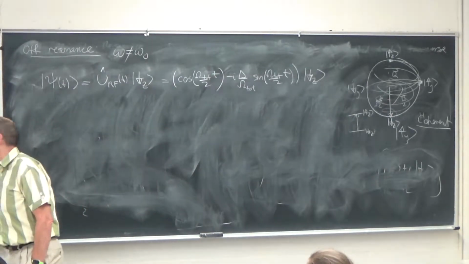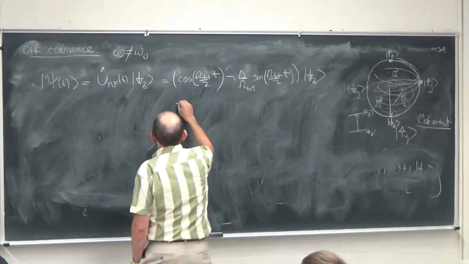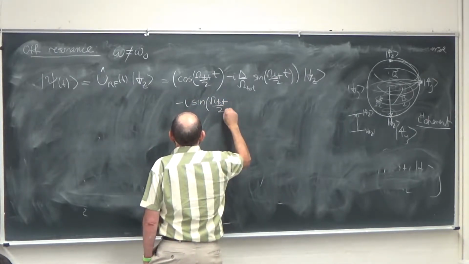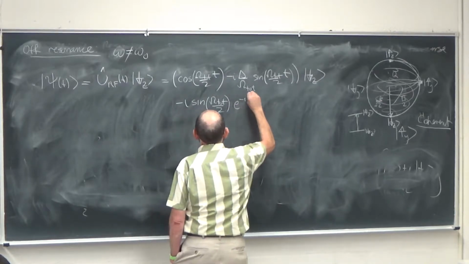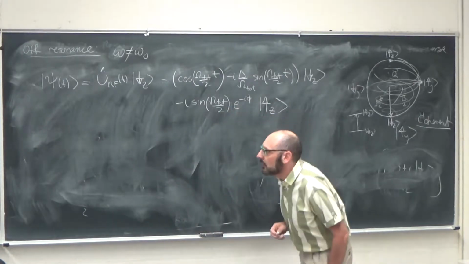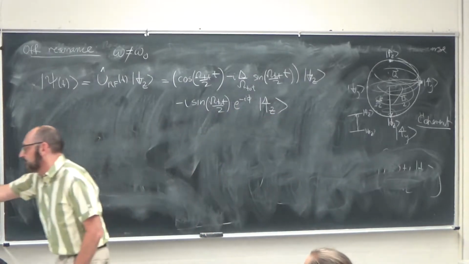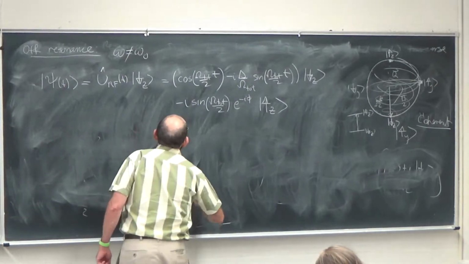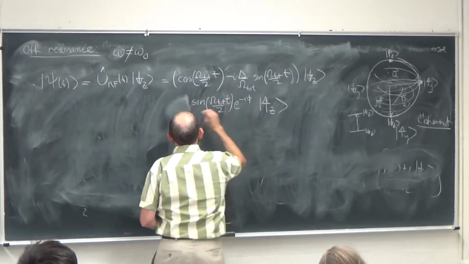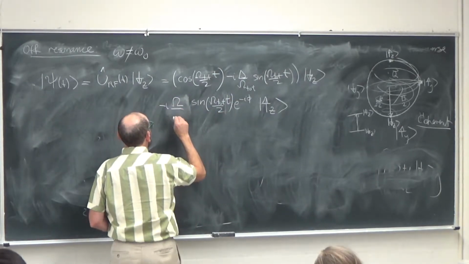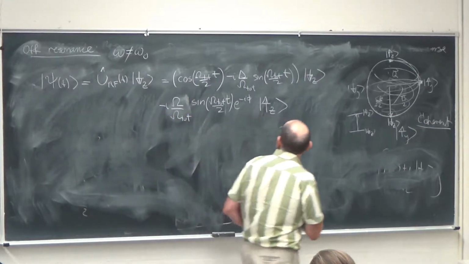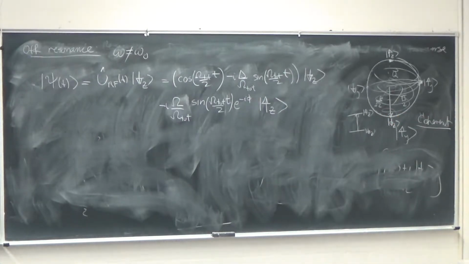This guy does nothing, but this guy gives me a minus i sine omega tot t over 2 e to the minus i phi, spin up along z. I missed something, haven't I? I missed this ratio. Have I gotten everything? I think I did.